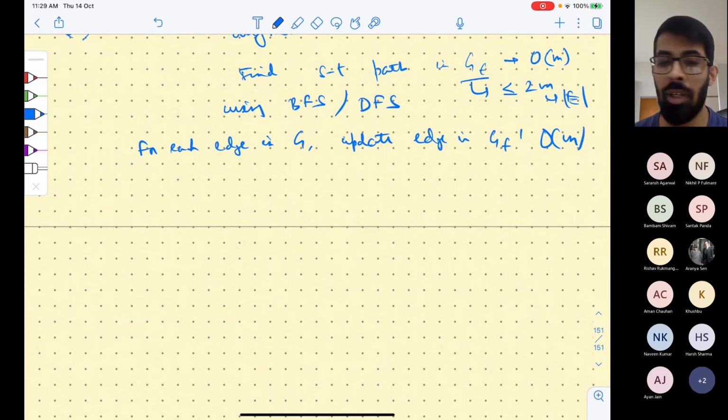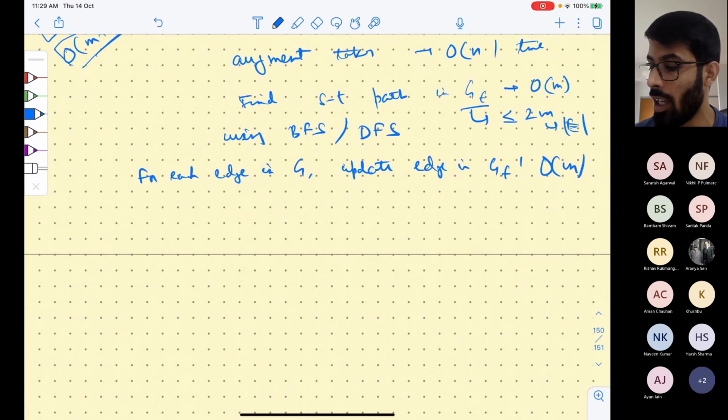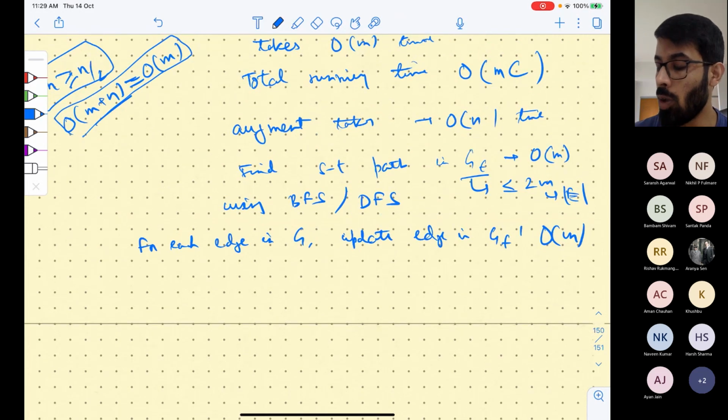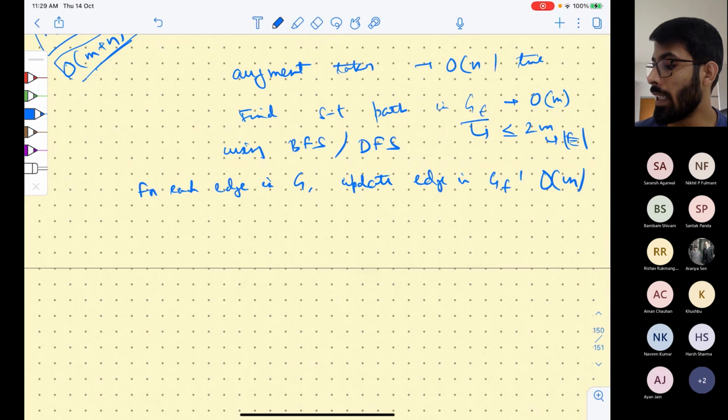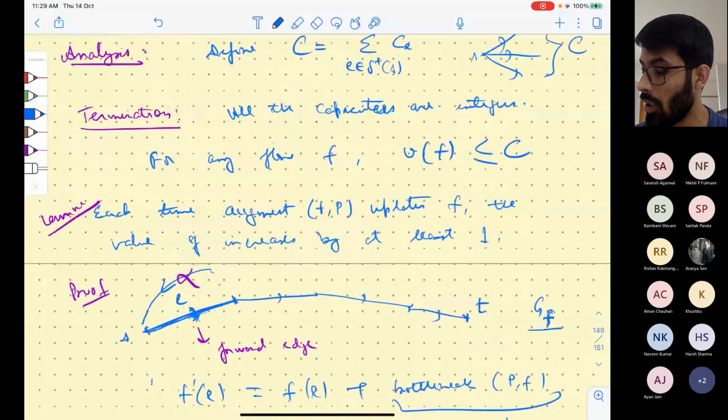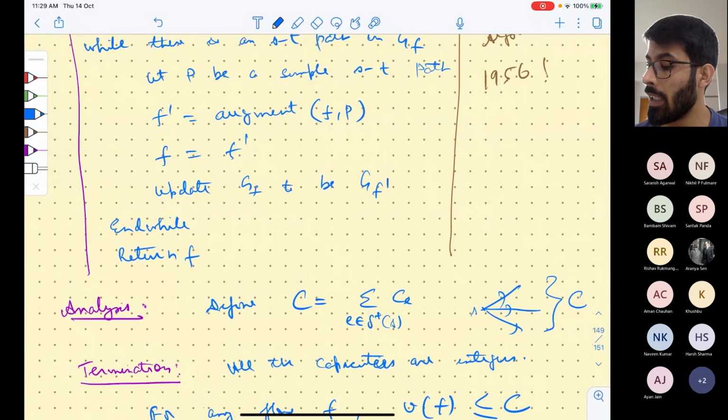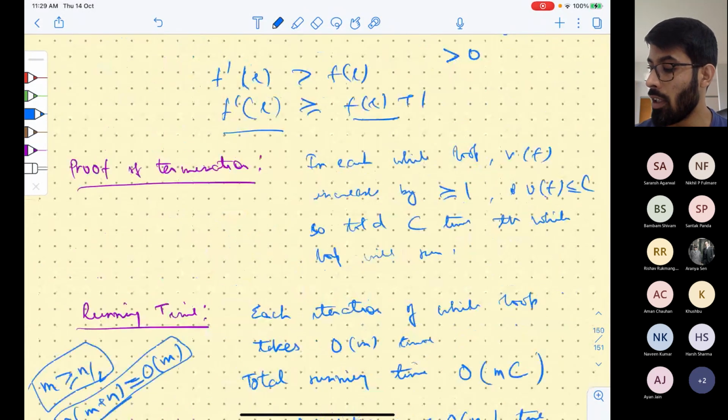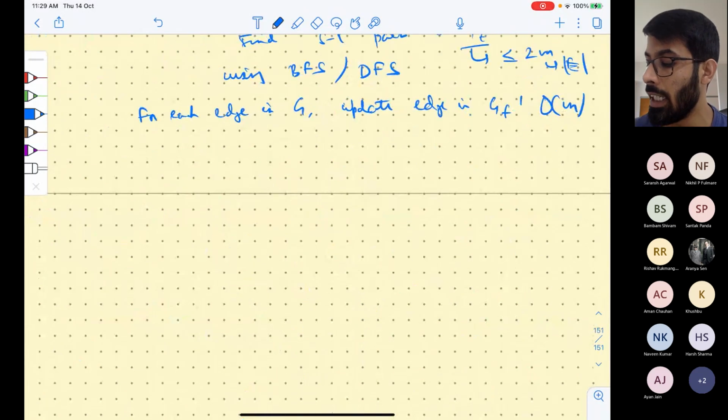And it can be done in order n time, but order n is order m. So we are not really going to care because m is at least n over 2. So that finishes the running time analysis because this is all that the procedure is doing. It updates, and the while loop we have already argued runs C times. So total time is order MC.